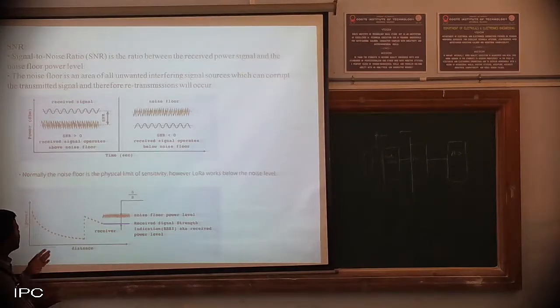If it is lesser than 0, it means the received signal operates below the noise floor. That is the meaning of that. If it is greater than 0, then the received signal operates above the noise floor, and normally the noise floor is the physical limit of sensitivity. However, LoRa works below the noise level.